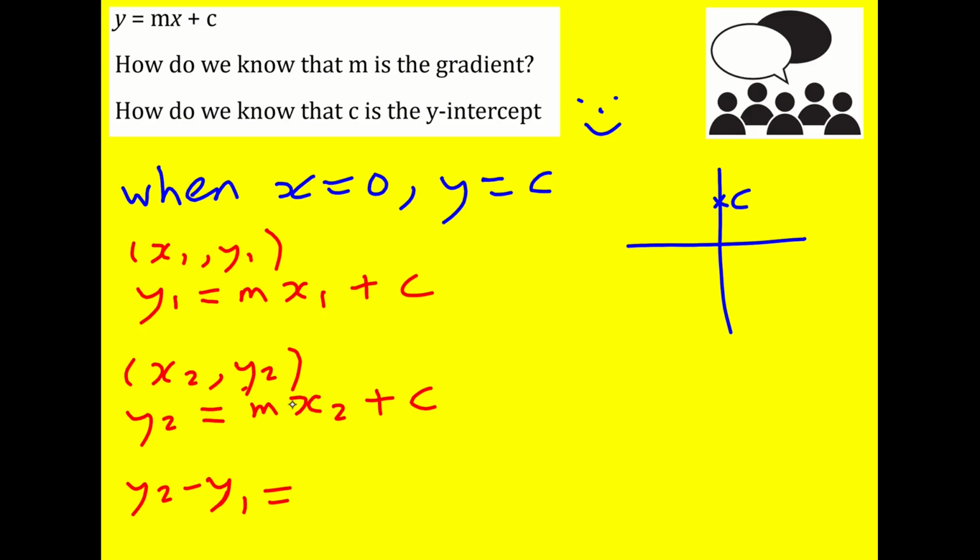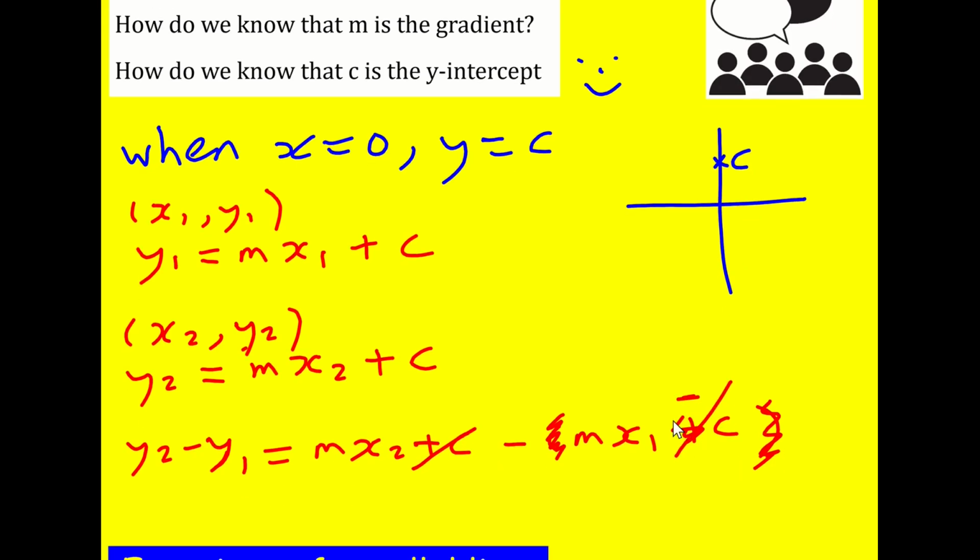And then when I subtract the right-hand sides, I'm going to get m x2 plus c minus (m x1 plus c). I'm minusing the whole thing. That is equivalent to getting rid of the bracket and putting a minus there, because I'm going to be minusing the m x1 and then minusing the c. And what that does is it cancels out the c. So that was the whole logic behind that.